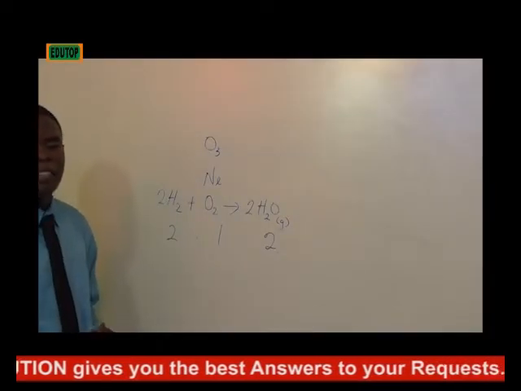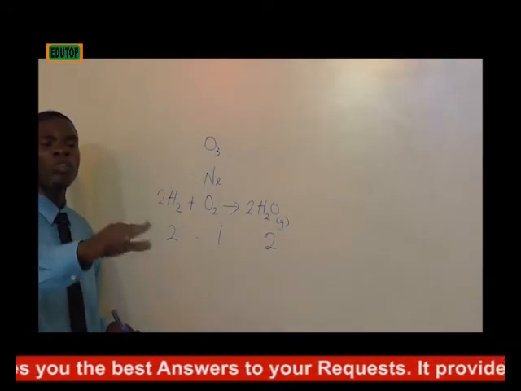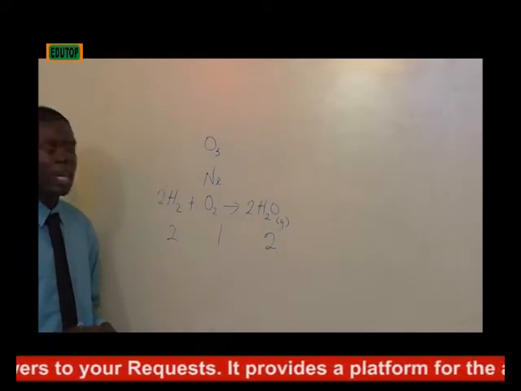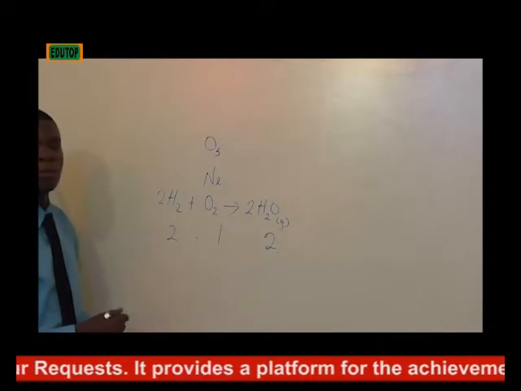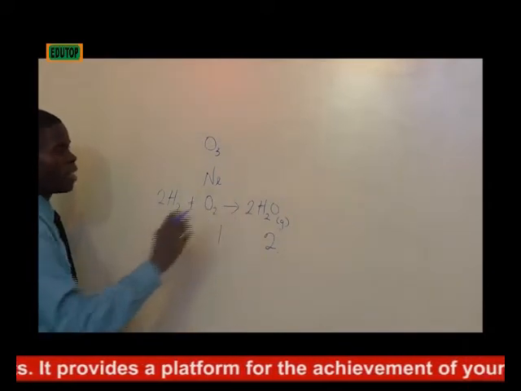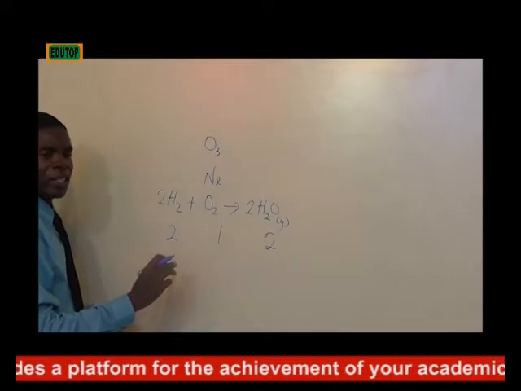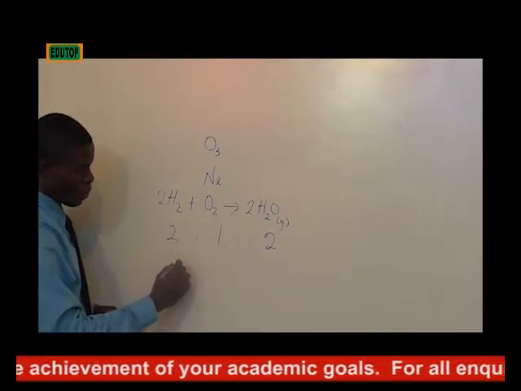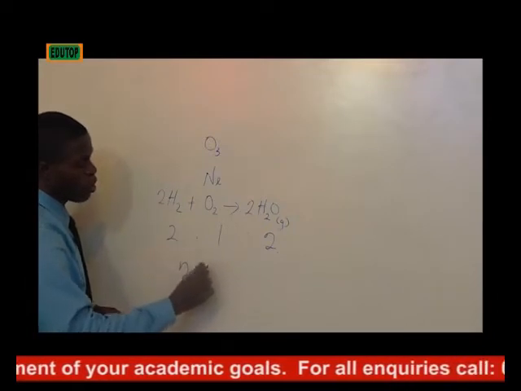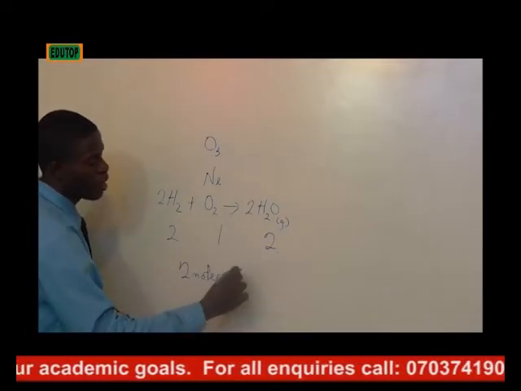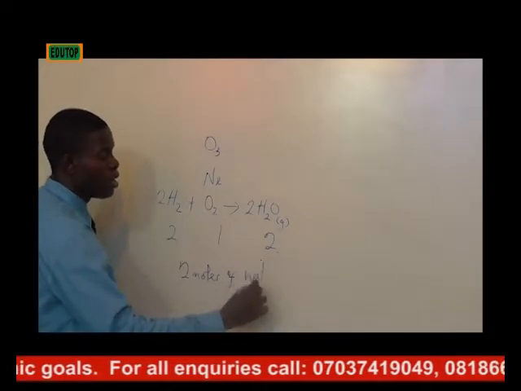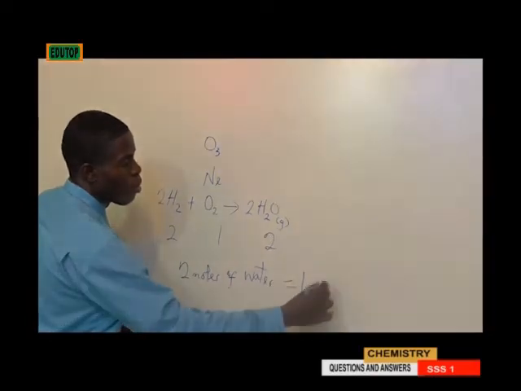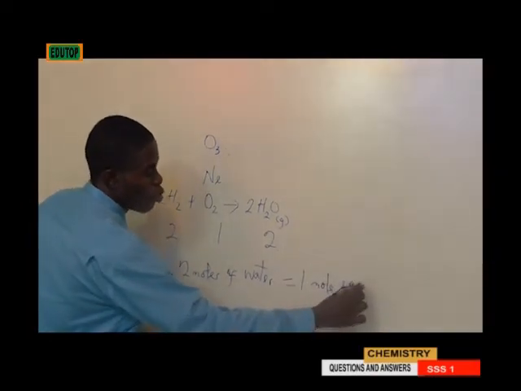The questioner asks that we calculate the number of moles of oxygen gas required to yield 6 moles of water. From the reaction, it can be deduced that 2 moles of water is equal to 1 mole of O2, oxygen.